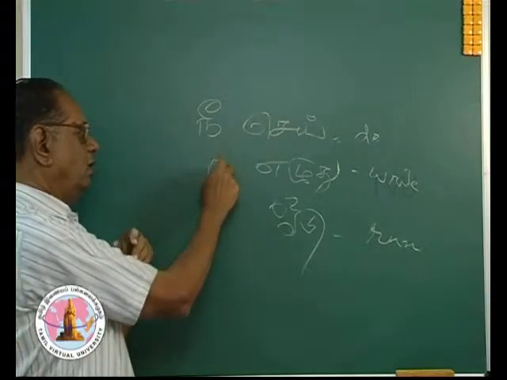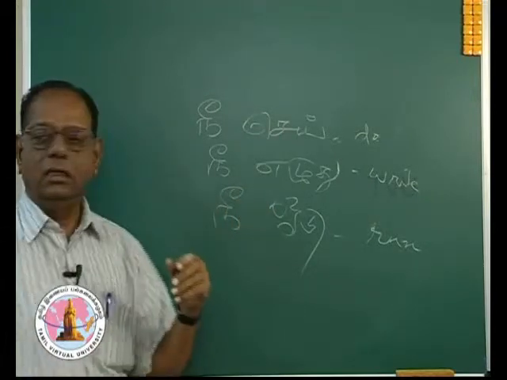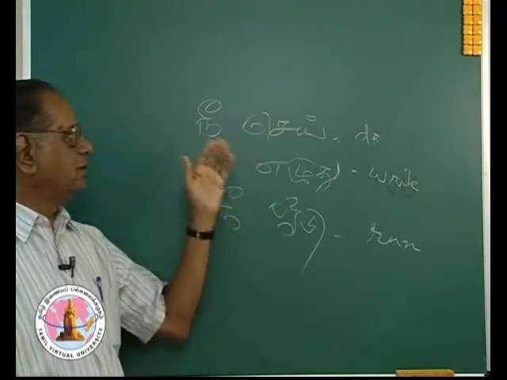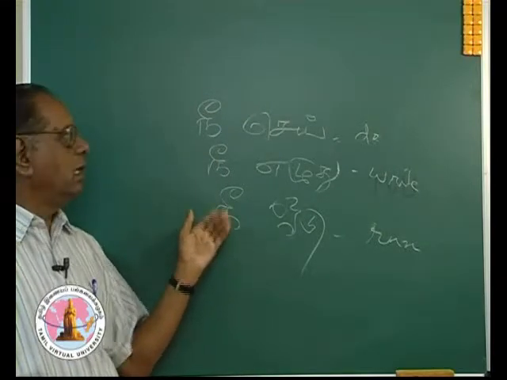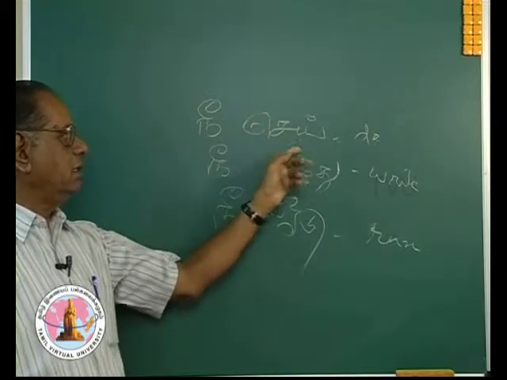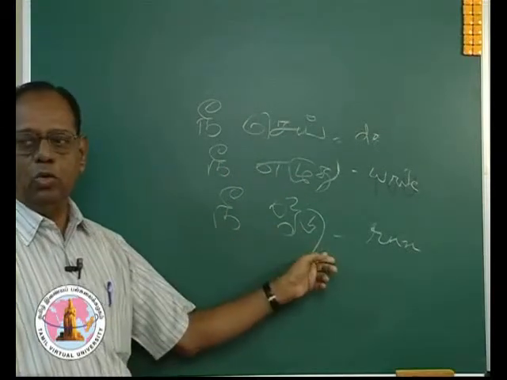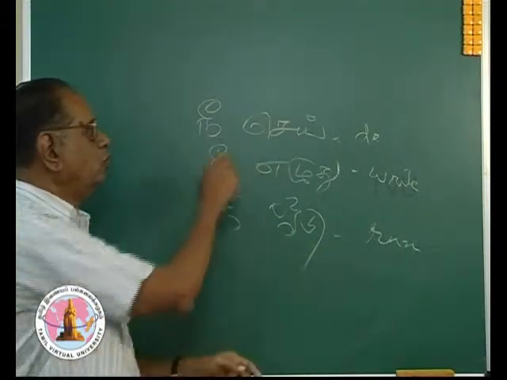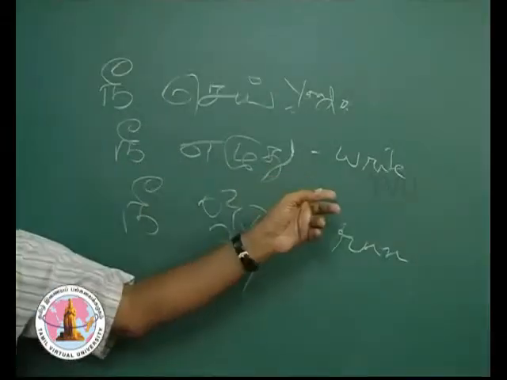Second person singular is ni. You remember? Second person singular is ni. Ni shei. Ni yerudu. Ni vodu. This means you do, you write and you run.